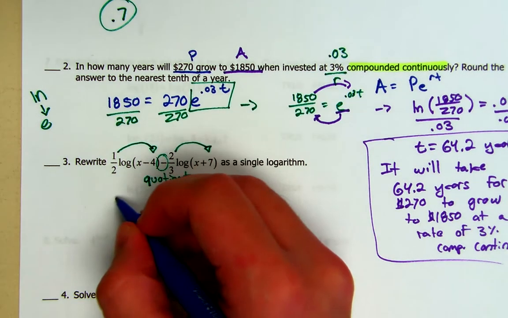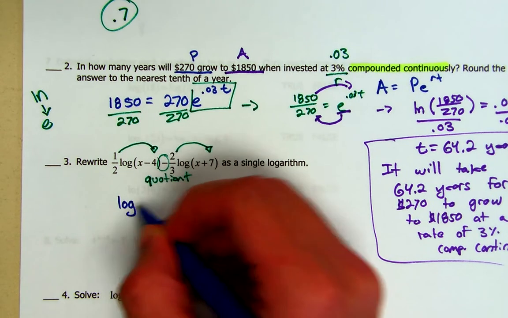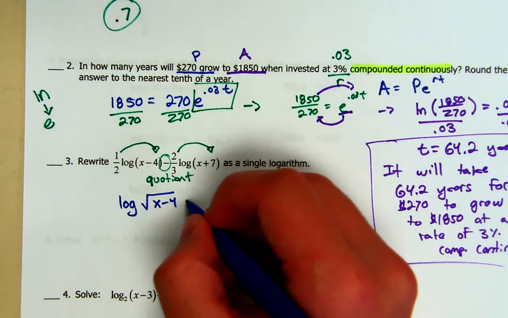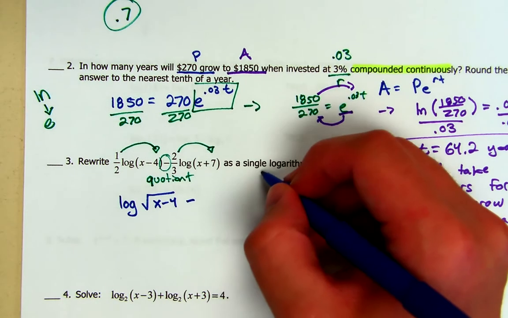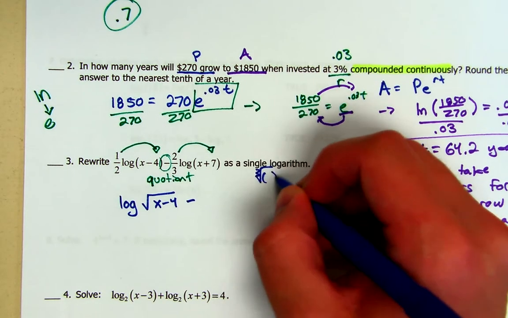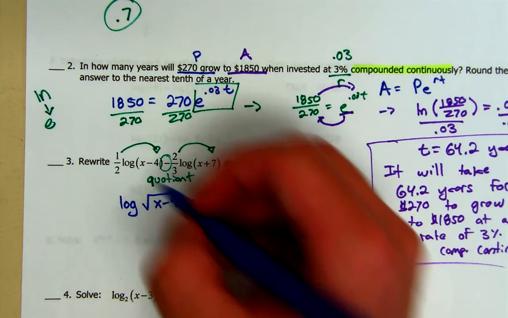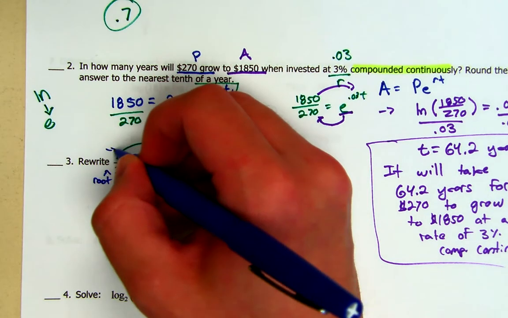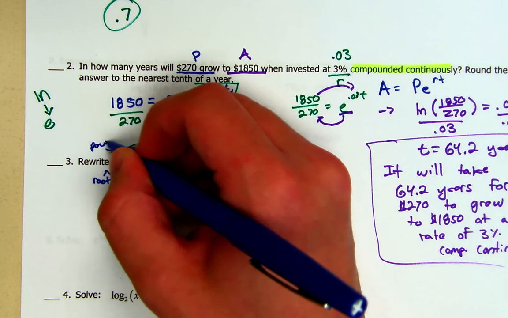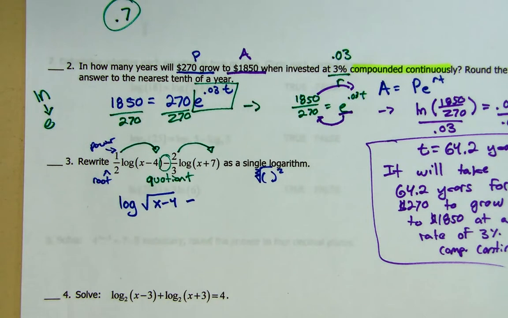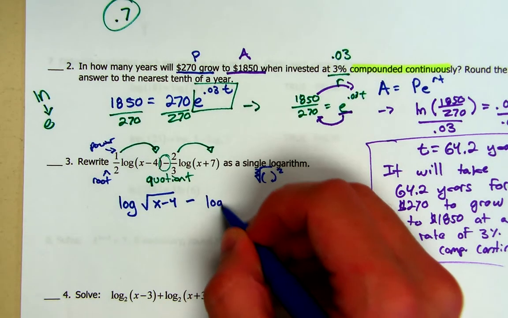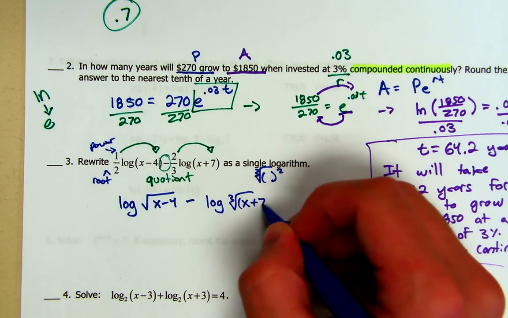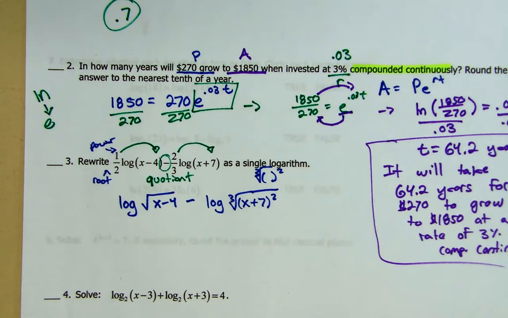So I'm going to do log, well 1/2, remember that that's actually the square root of x minus 4. 2/3, well 2/3, think about it as the third root of something squared. Because remember, the denominator tells us what root we're taking, and the numerator tells us the power that we're raising it to. So I need log and I'm going to have the cube root of x plus 7, I'm squaring that.